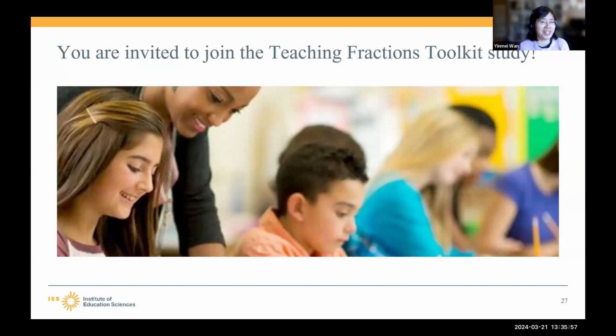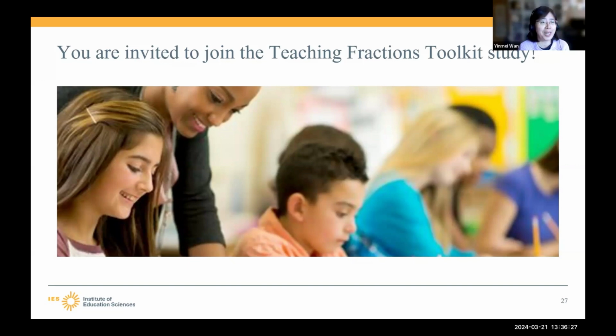As I mentioned in the beginning of the webinar, we will be conducting a study in the 2024 to 25 school year to evaluate the efficacy of the toolkit. Findings from this study will also be used to help us further improve the toolkit. The toolkit resources will be available to the general public after the study and after everything is finalized.